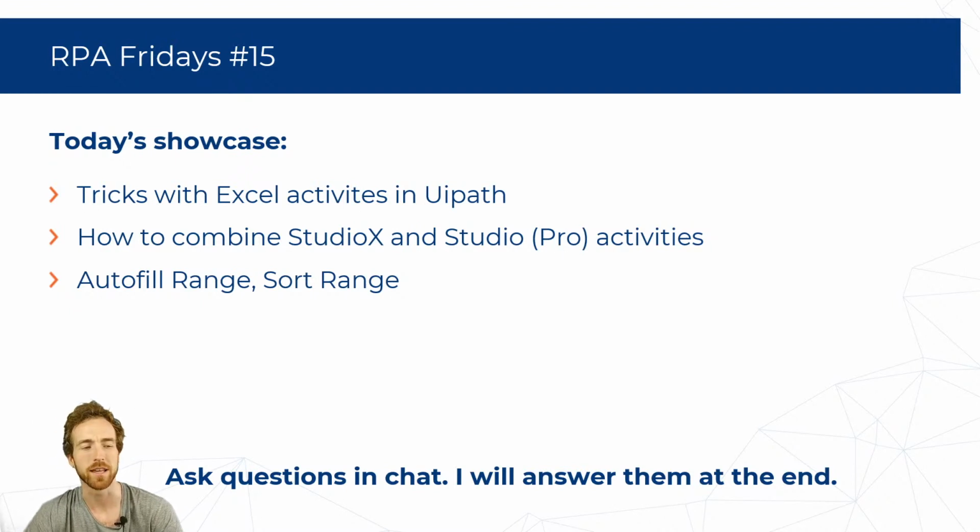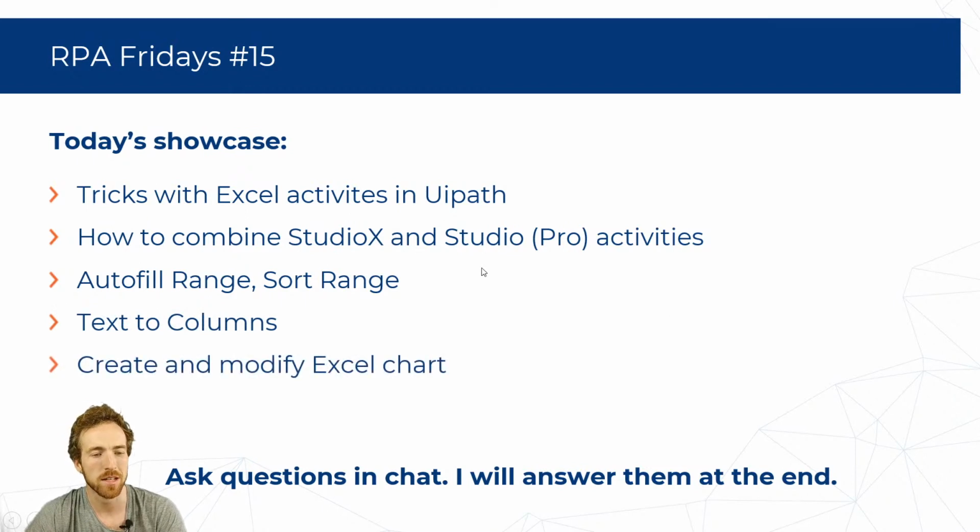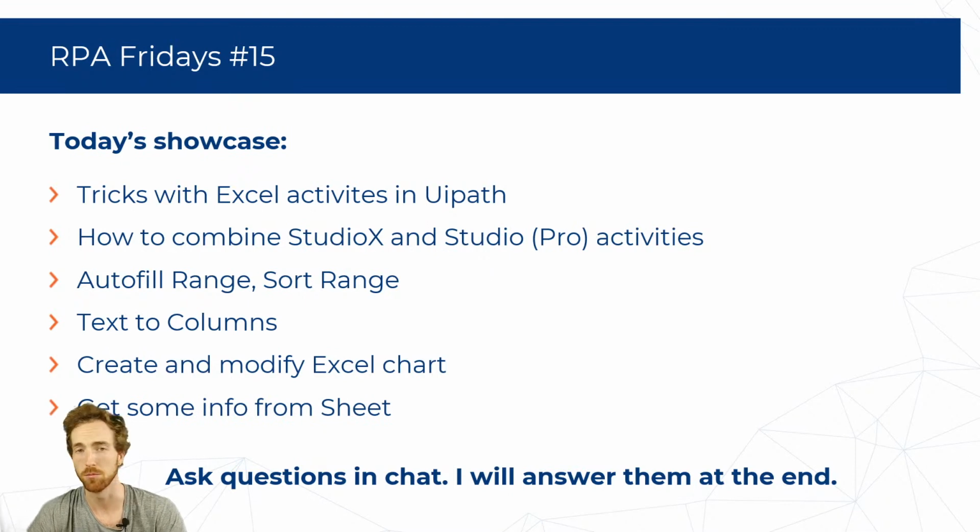These will be activities like AutoFit Range or Sort Range. We will also do some tricks like convert text to columns, or create and modify an Excel chart and get some information from a sheet. This will be roughly what's going on. This is part number 1, so I will prepare part number 2 for next week.